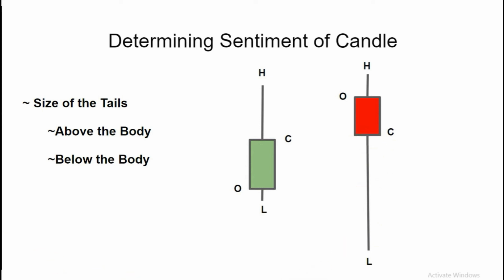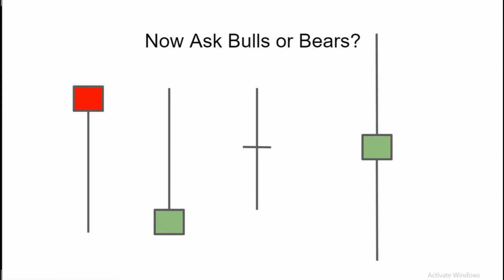So, reviewing again, the first candle, the body clearly red, therefore bearish, but the long tail definitely shows rejection of lower prices. The bulls re-entered the market in sufficient force to drive the prices higher to close at the base of the real body here, not far from the high.